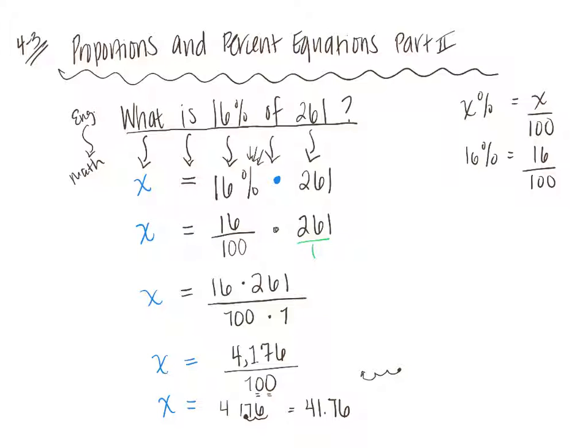Well, the answer is 41.76. So if I set this up as a ratio, it would be 41.76 out of 261 is the same thing as 16 out of 100. All right. Good job, guys.